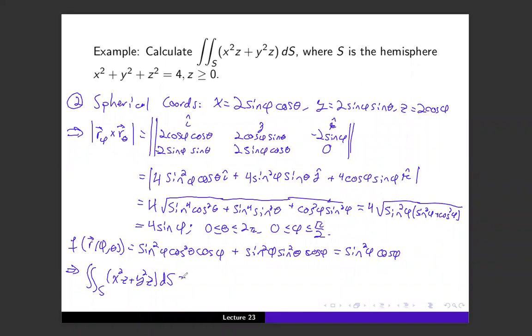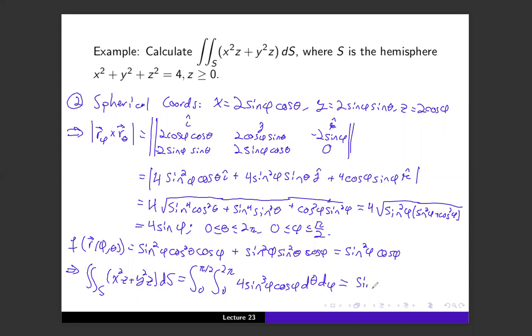So that's going to become the integral from 0 to pi over 2, integral from 0 to 2 pi of 4 sine cubed phi cosine phi d theta d phi, because theta is going from 0 to 2 pi. And if you go through this, what's this going to become?